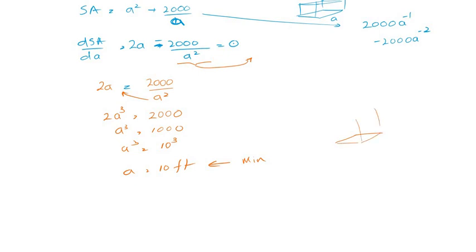So if you make a tank with a base of A equal to 10, you'll get the minimum surface area, making it very lightweight. We have to find the H, of course. So let me check what H is.